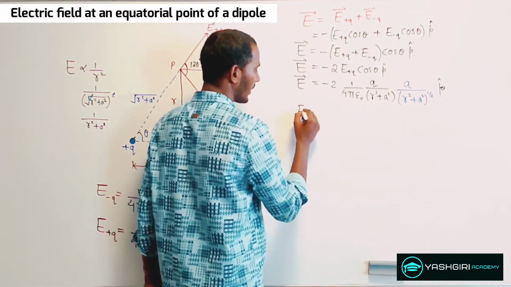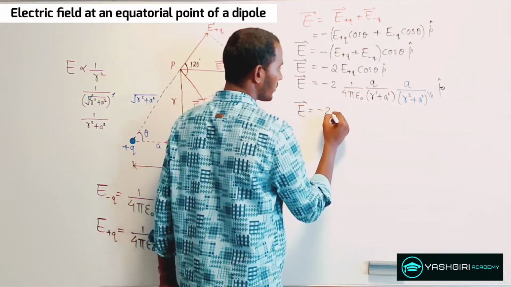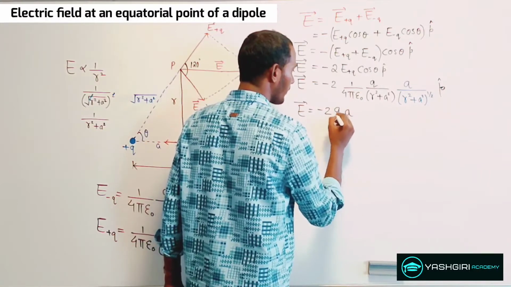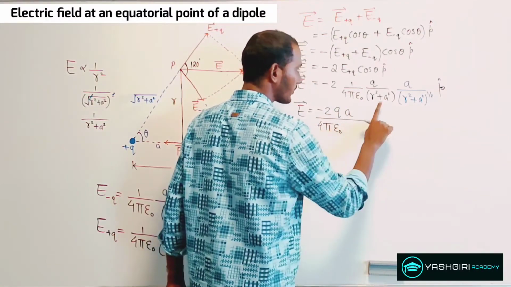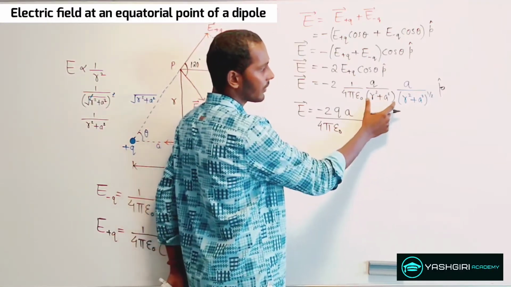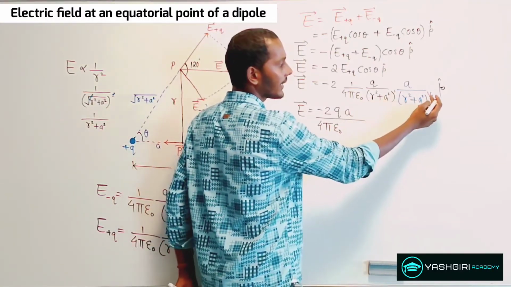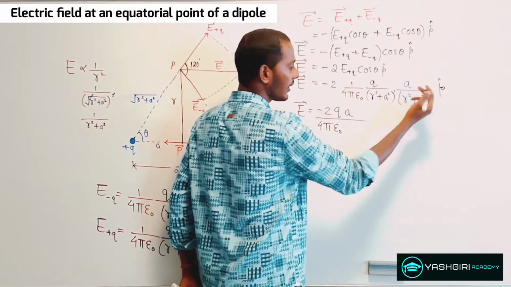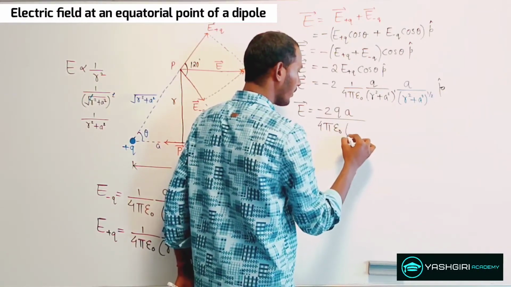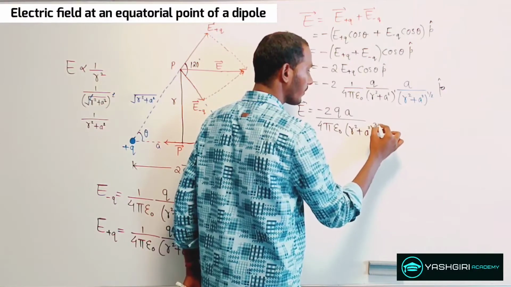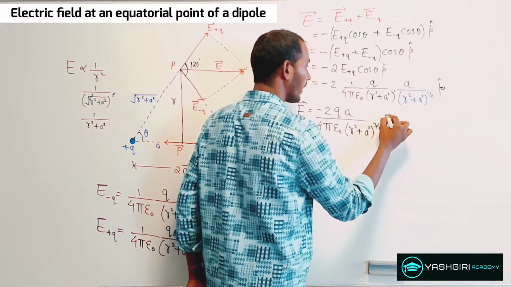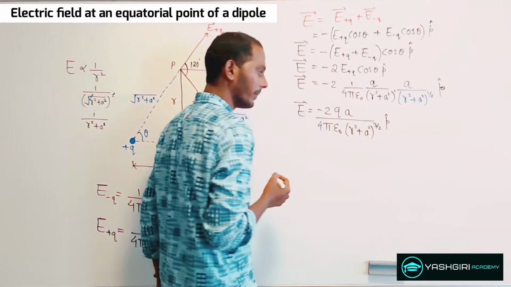So here I can write vector E is equal to minus 2 Q into A divided by 4 pi epsilon naught into, if you see the power, here there's a power of 1 and this is half. When you add this, you will get the power of R square plus A square as 3 by 2, along the P cap. So that's the equation you will be getting.